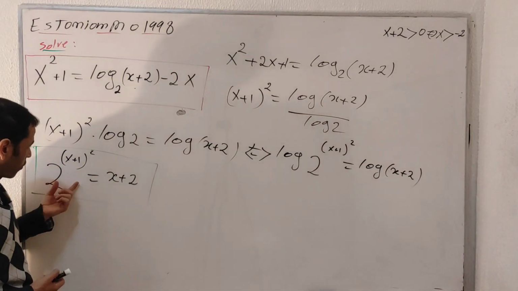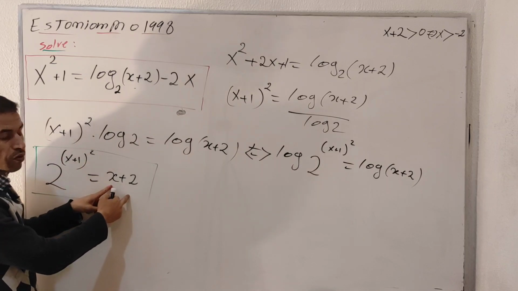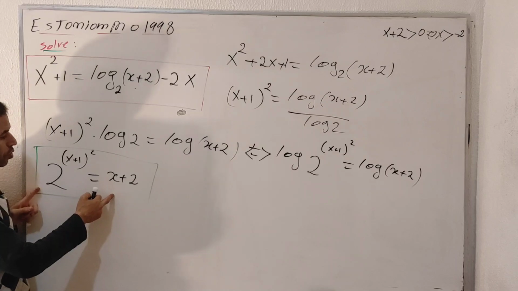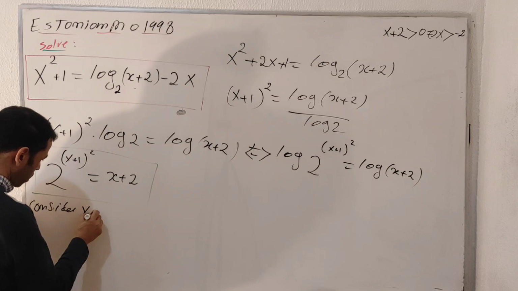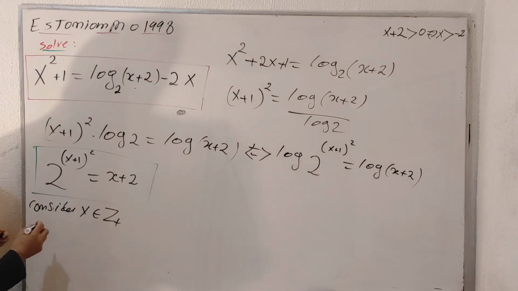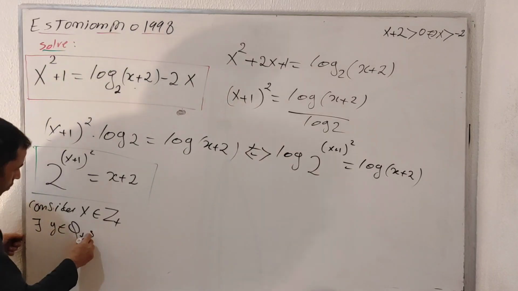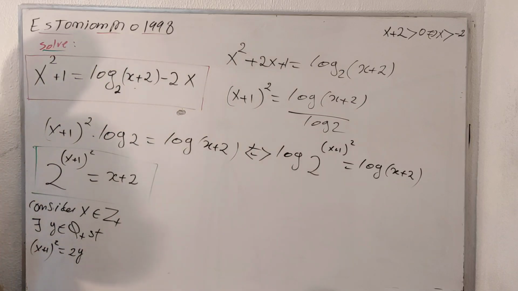If you take a look at the left hand side of this equation, we have the exponent (x plus 1) squared, but on the right hand side we have x plus 2. So it's very hard to solve this equation without doing a substitution. Let's consider x a positive integer, and y a rational number, such that (x plus 1) squared equals 2y. I'm going to change this equation in terms of y.